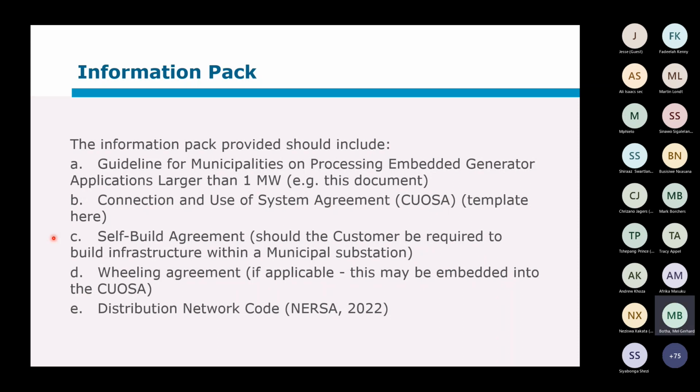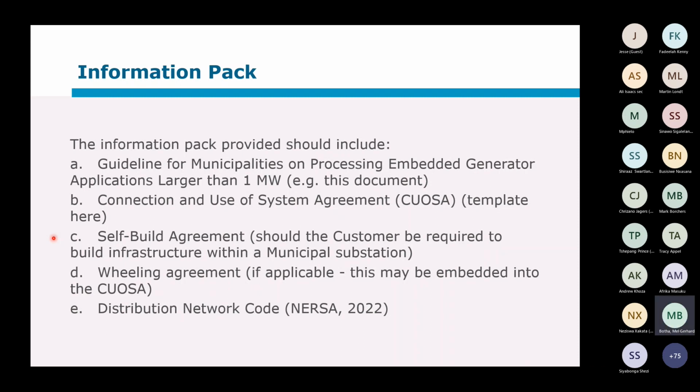Thank you, Fora. So self-build means that, let's assume you've identified that you need a 2-kilometer 66 kV line and a new transformer to be able to connect this customer. They can elect, and that obviously started from the Eskom side, mostly because they didn't have capacity to do these projects.